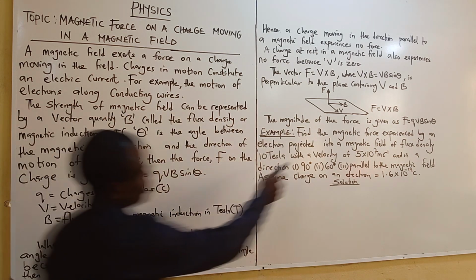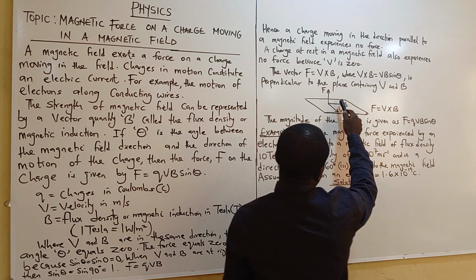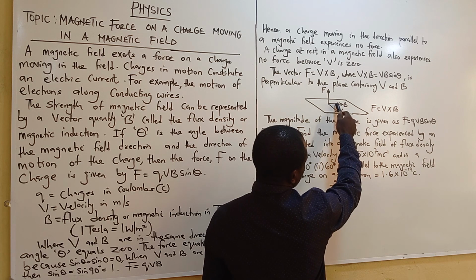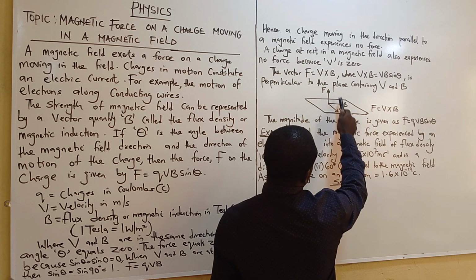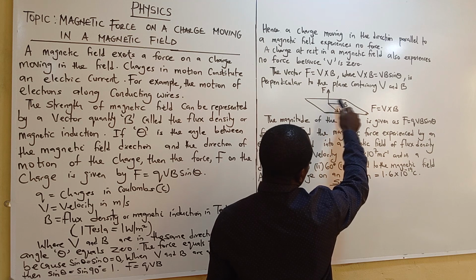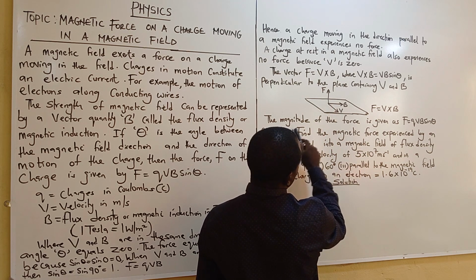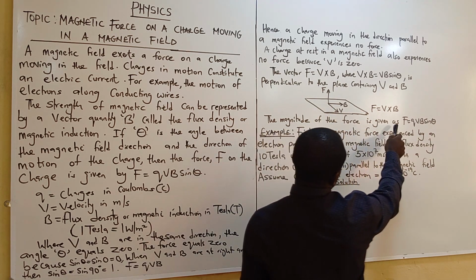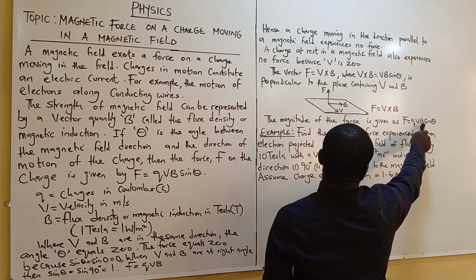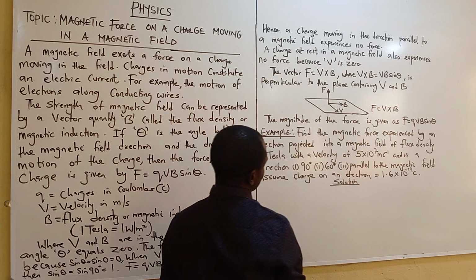They are not parallel to each other, they are at an angle. And you can see the force is perpendicular to them. The magnitude of the force is given as F equals QVB sine theta.